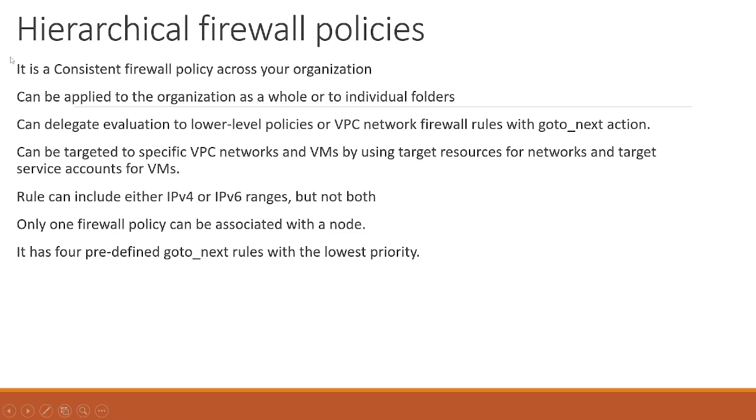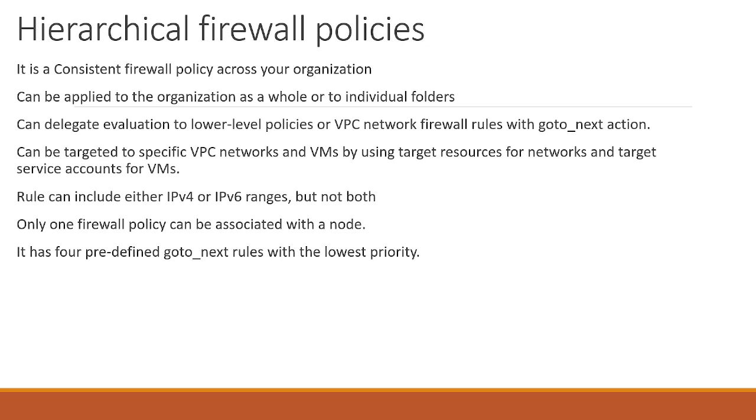We can even evaluate and go to the lower level policy, VPC network policies, with the go to next option. I already told you, if you want to target, you can also specify specific VPC networks. It doesn't mean you have to target the whole organization or whole folder. If you want, you can also go with a specific VPC network.